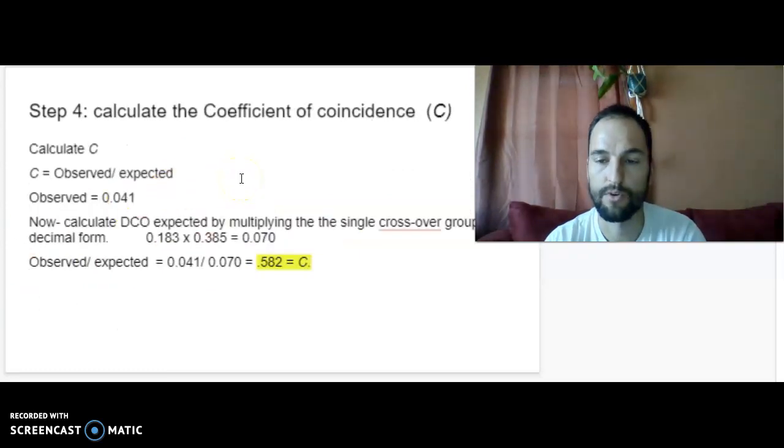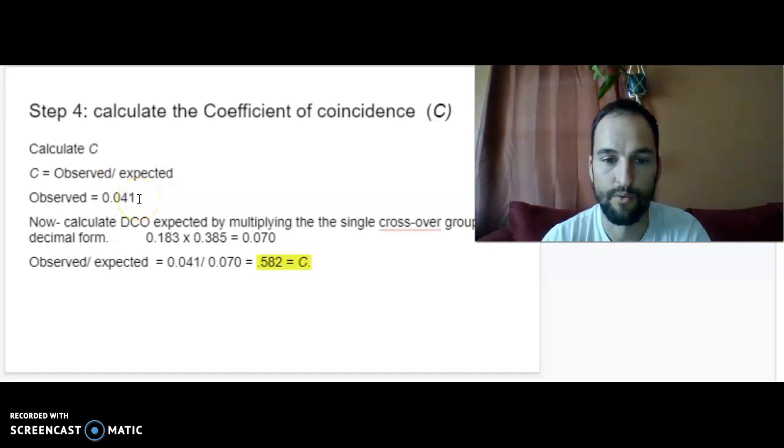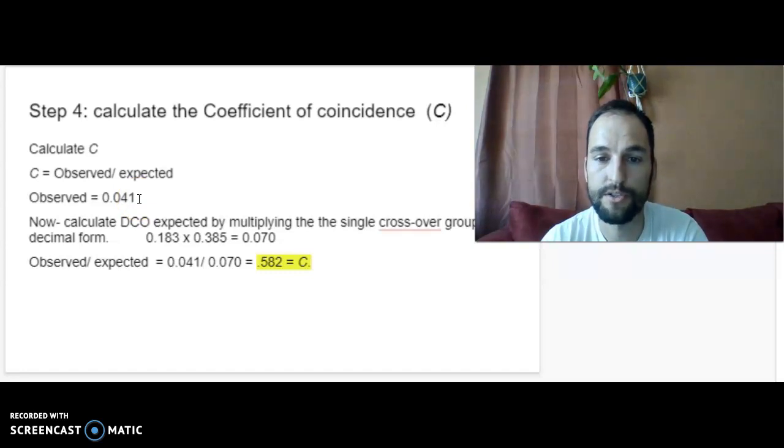One of those calculations we're going to be doing is calculating the coefficient of coincidence. When we calculate C, the coefficient of coincidence, all we're doing is taking the observed divided by the expected. We don't have the expected yet, but it's very easy to obtain. Remember, our observed from the last slide is 0.041. To calculate the double crossover expected, all we do is multiply the single crossover groups in decimal form from the previous slide.